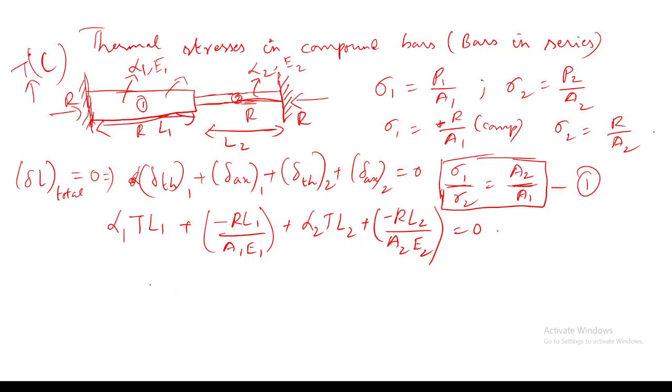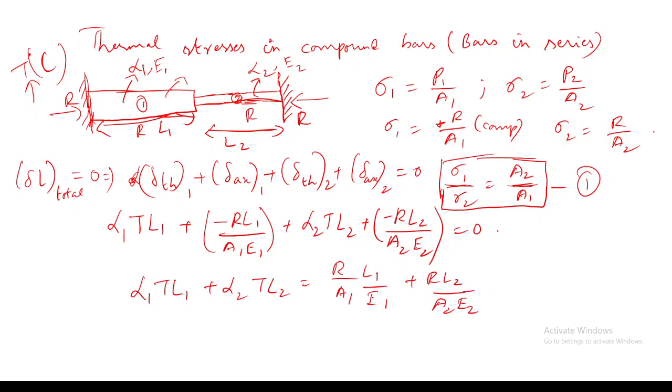So here, if I replace this alpha T L1 and alpha T L2, I can take this to the right-hand side, right? So it will become R by A1 into L1 divided by E1 plus R into L2 divided by A2 into E2.